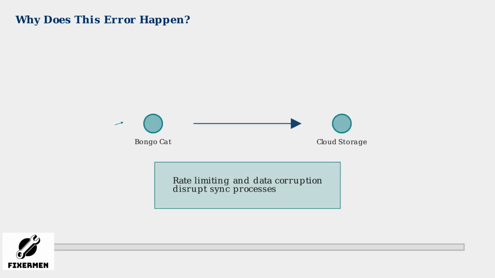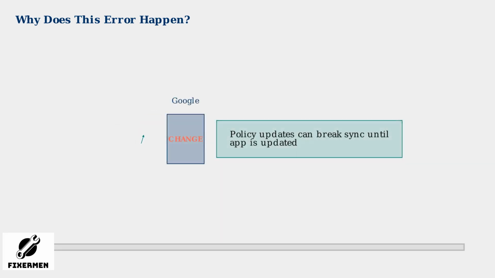Data transmission issues include rate limiting by cloud services, where they temporarily block too many sync attempts to prevent overload, and data corruption during upload or download caused by unstable internet connections. Finally, cloud providers like Google occasionally change their policies and API requirements, which can break existing sync functionality until the app is updated to comply with the new rules.